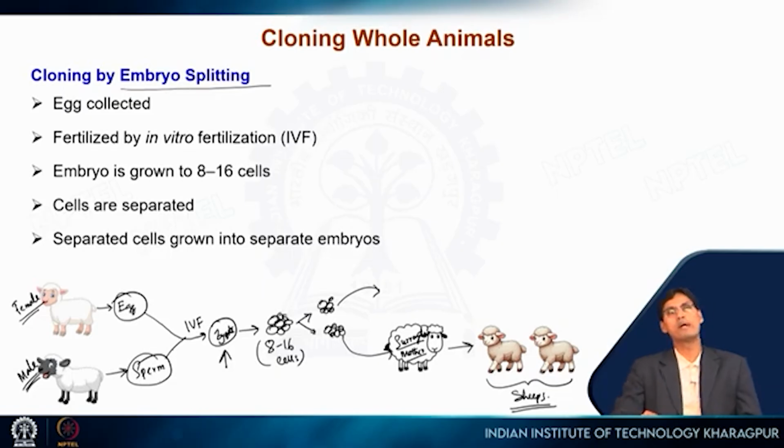So this is the embryo splitting method, by which you can get identical sheep, and these two are clones. And these things sometimes happen naturally in our human population also, not in this way, but naturally.